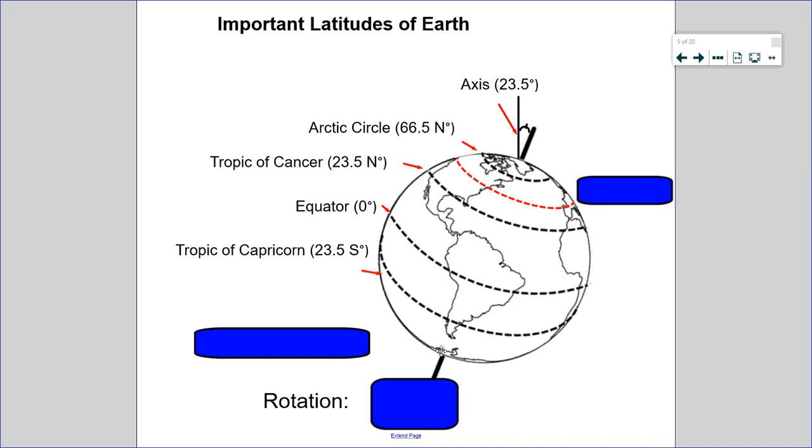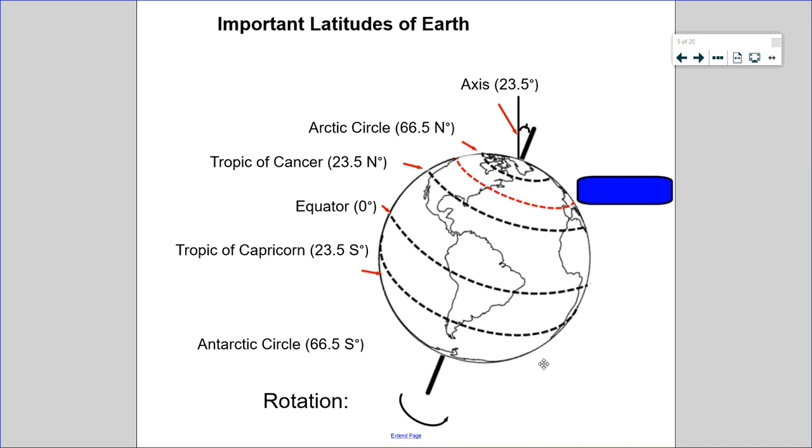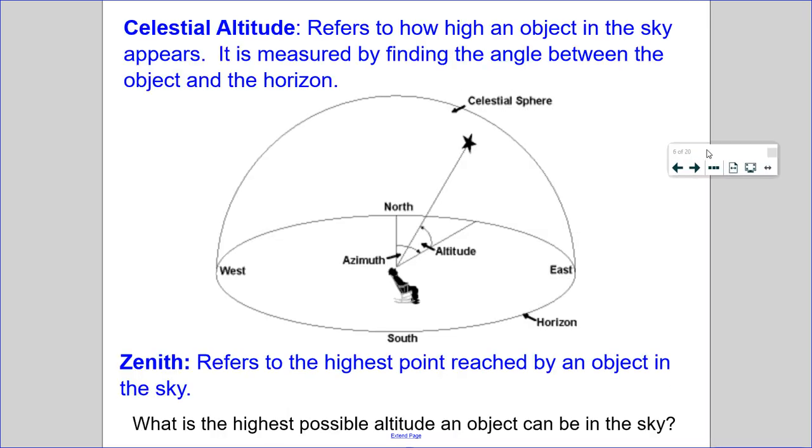And then down here, kind of hard to see and not pictured, is our Antarctic Circle at 66.5 degrees south. Our Earth, when looking from above, is going to spin counterclockwise as it rotates around the axis. This red line here cuts right through New Canaan, and if you research that correctly, it would be at 41 degrees north.